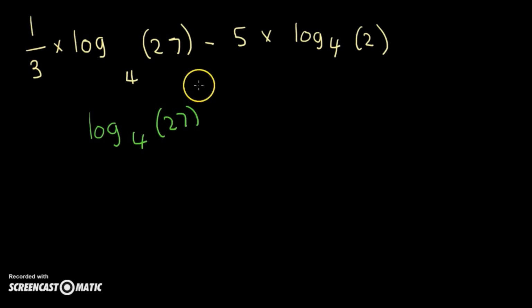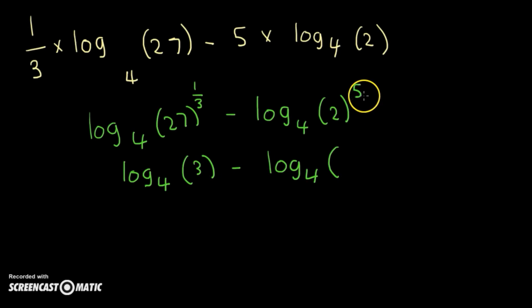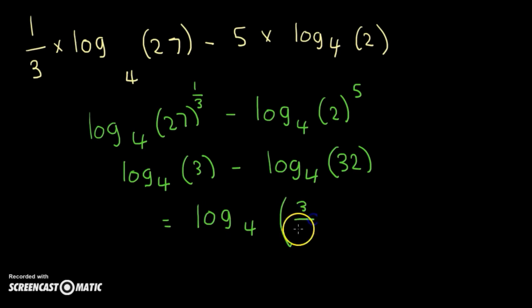We can put the 1/3 on top of the 27 as a power, and the 5 on top of the 2 as a power, so log to the base 4 of 2 to the 5. This third is just a cube root, so log to the base 4 of the cube root of 27, which is 3, minus log to the base 4 of 2 to the power of 5, which is 32. That becomes log to the base 4 of 3 over 32.